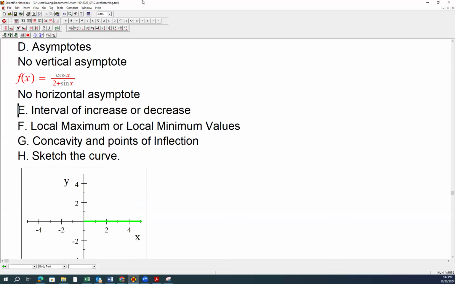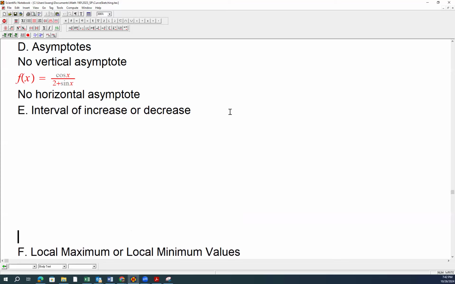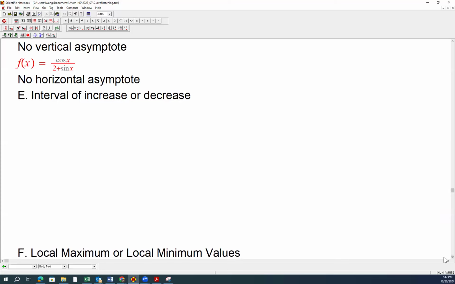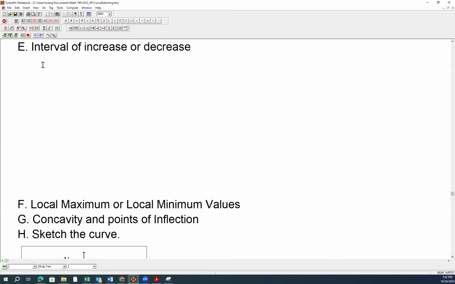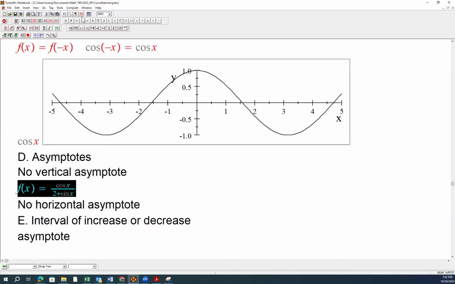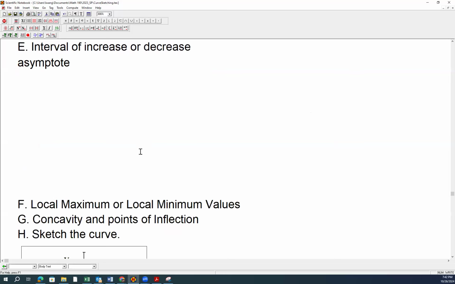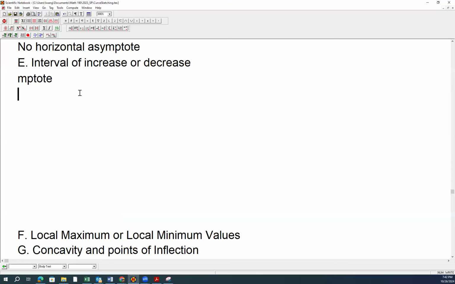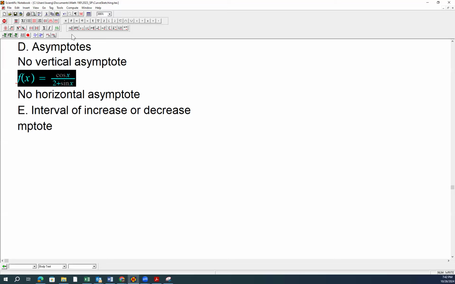E, intervals of increasing or decreasing. So we got the function. Okay, I got the function here. Okay, copy, paste.